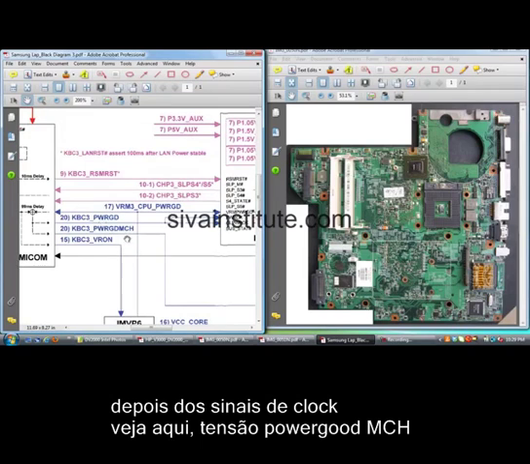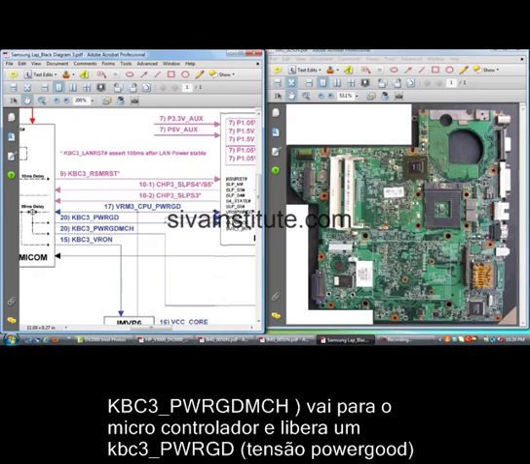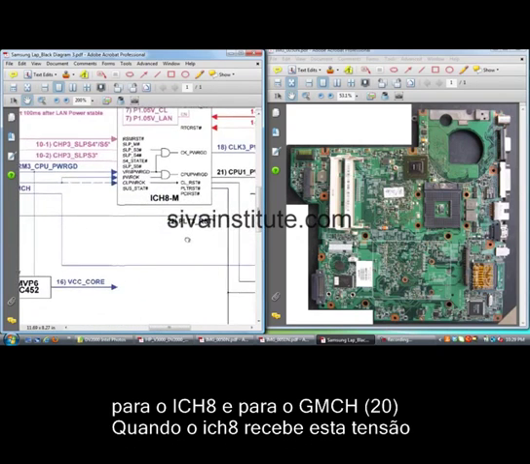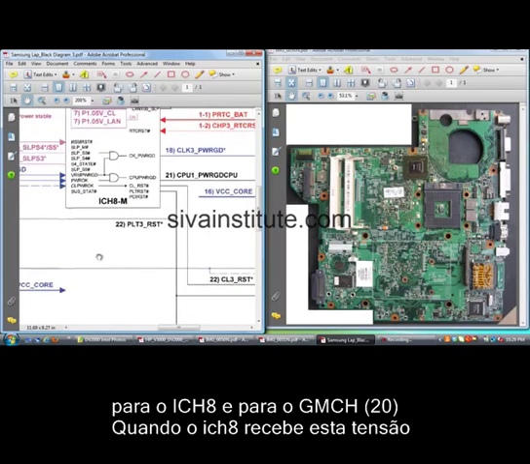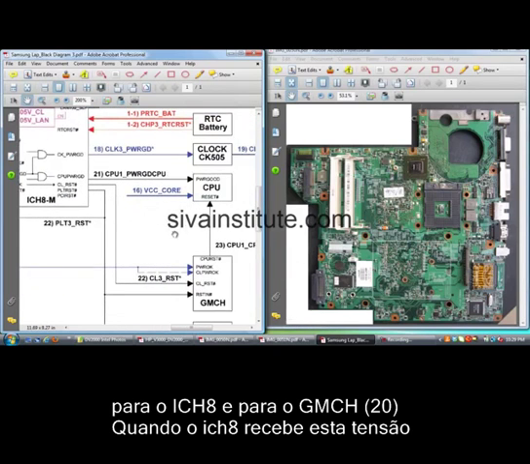see here, power good GMCH voltage. When this clock signal goes to the microcontroller, this releases power good voltage. That voltage goes to ICH and GMCH. See here, power good MCH or GMCH, graphic memory controller hub.